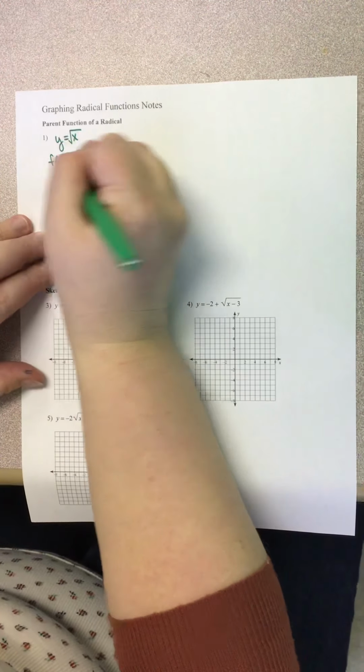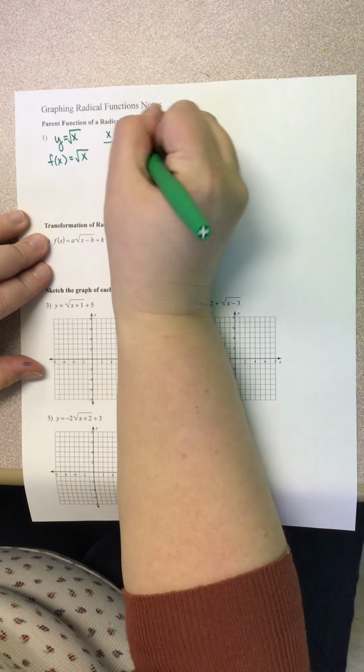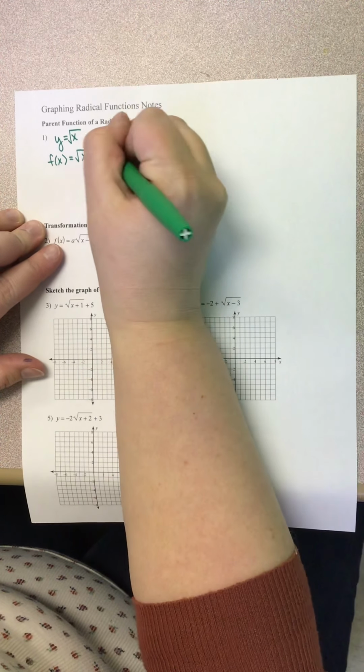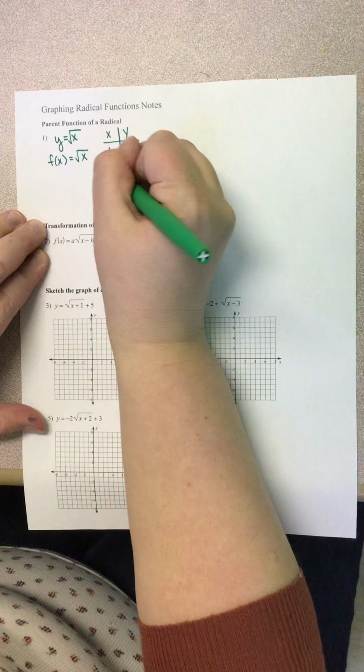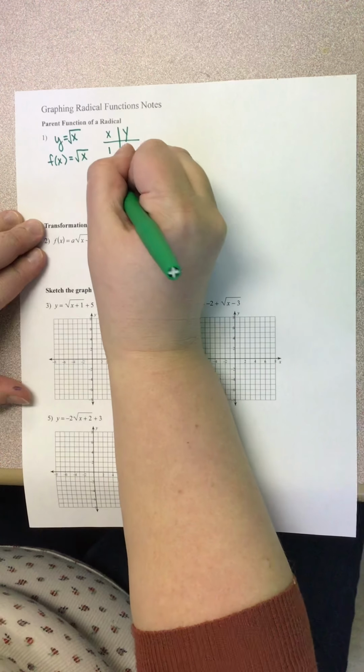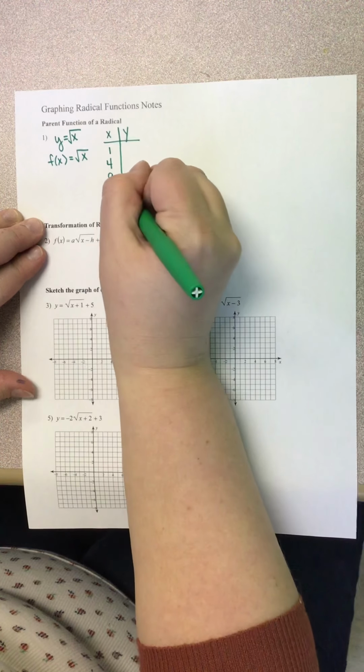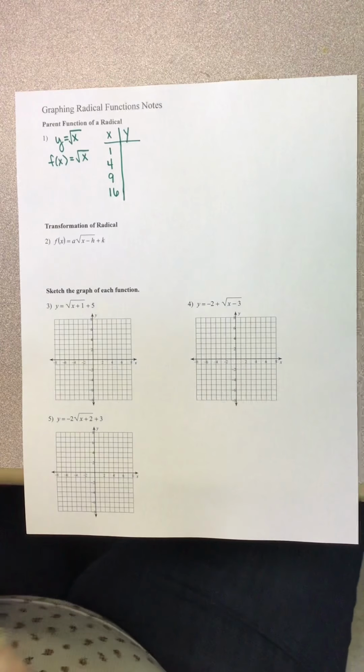So I'm going to make an xy table for this, and I'm going to use 1, 4, 9, and 16 as my x values.